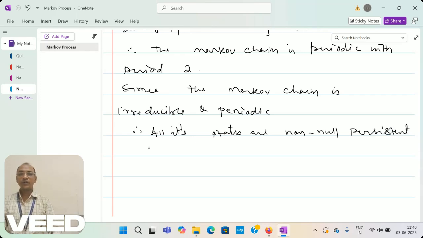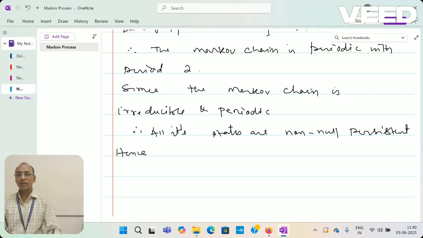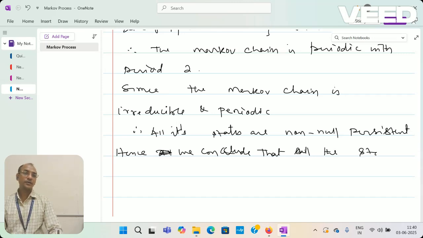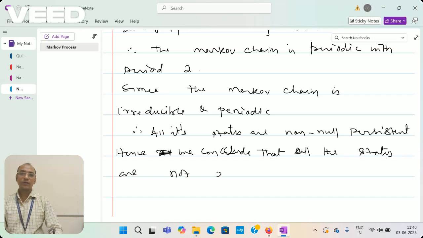Okay. If all states are non-null persistent, but the chain is periodic, we can claim that not all of the states are ergodic. Therefore, hence, we conclude that all the states are not ergodic.